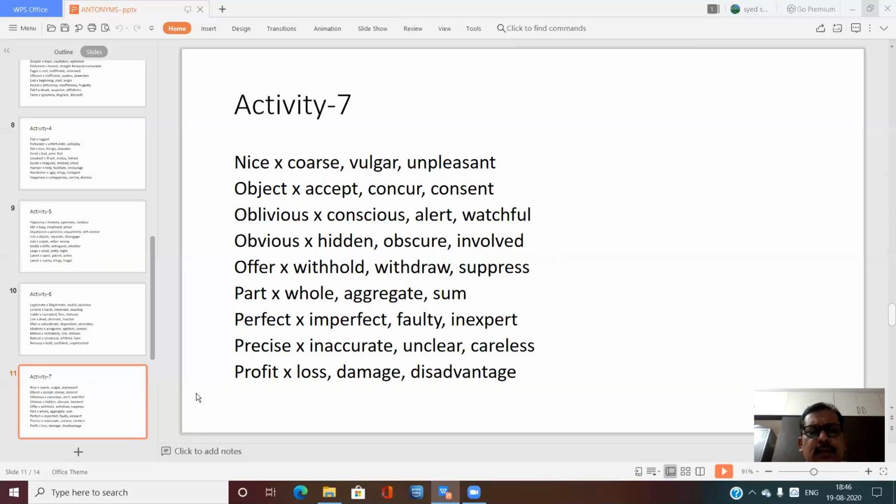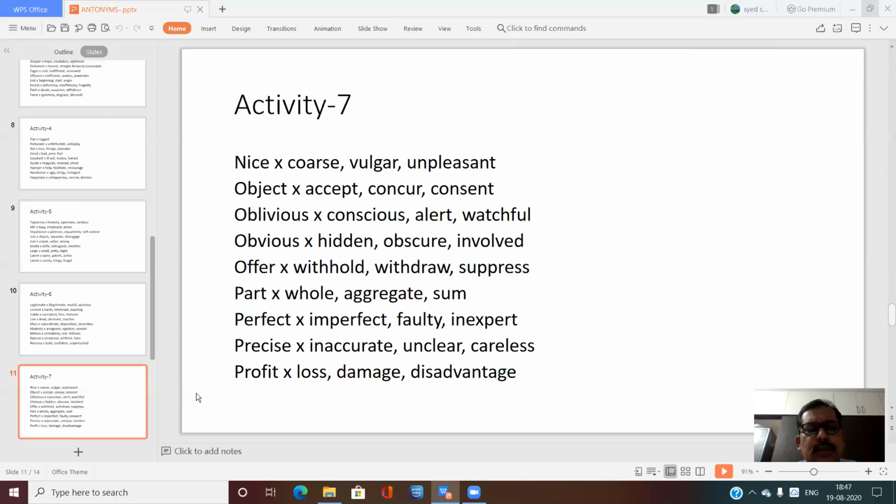Withhold means not letting go. Another word: part. Opposite: whole, total, aggregate, sum.